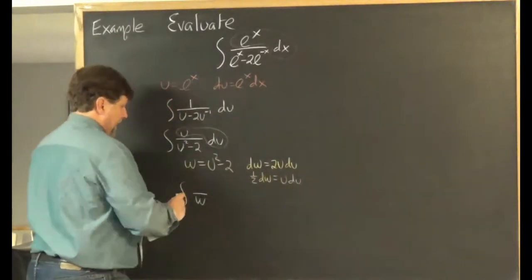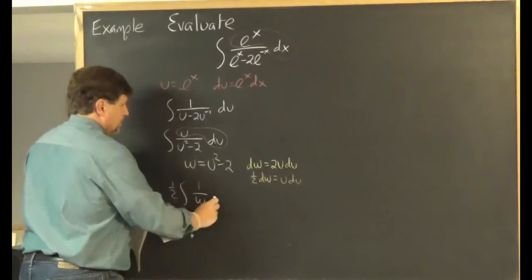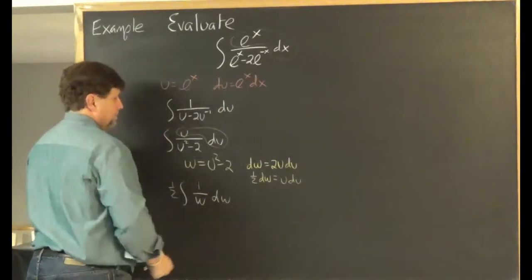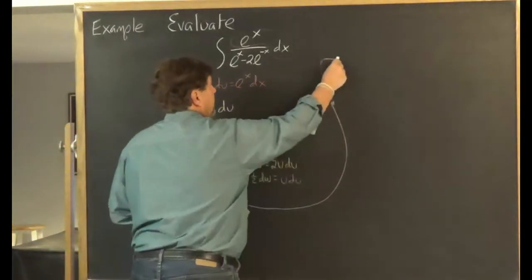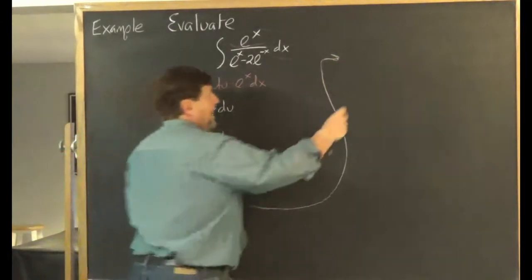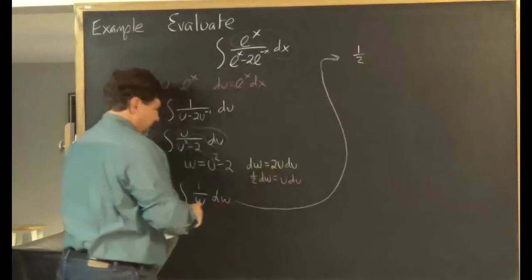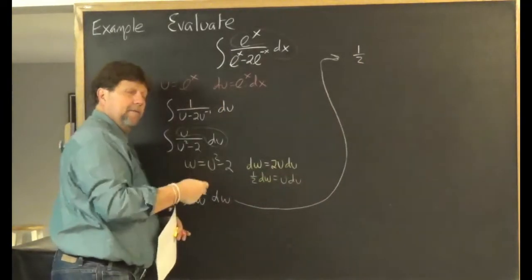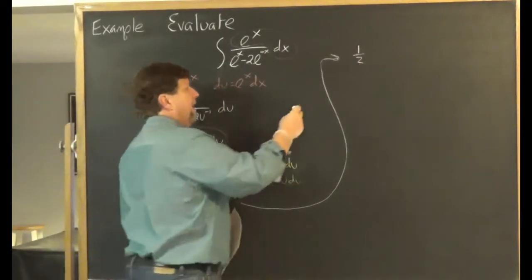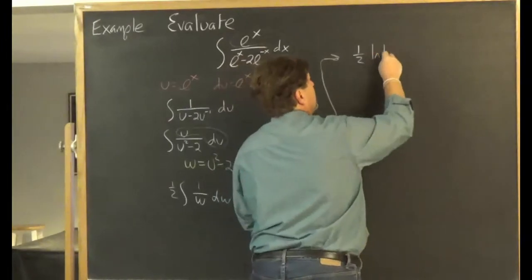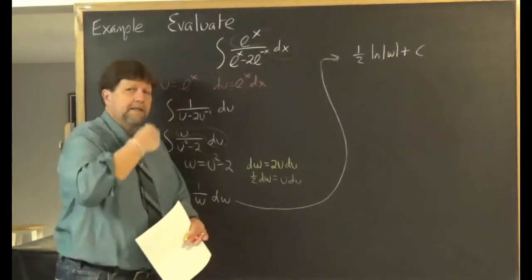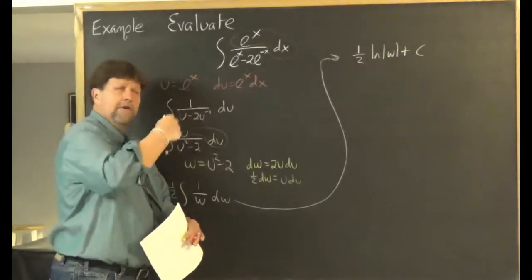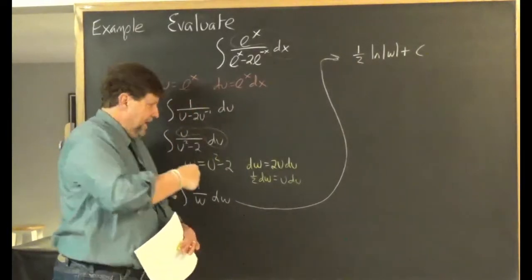And I would rip the 1/2 out front. And let me kind of pull this over here now. So I get the antiderivative of 1 over w, that's natural log absolute value of w. And now I have to go through the process of resubstituting. First I resubstitute for the w.